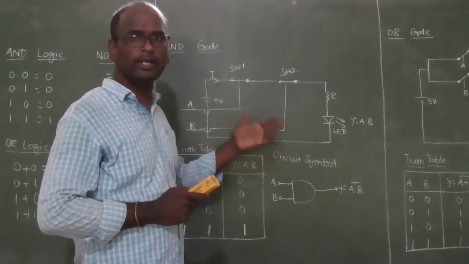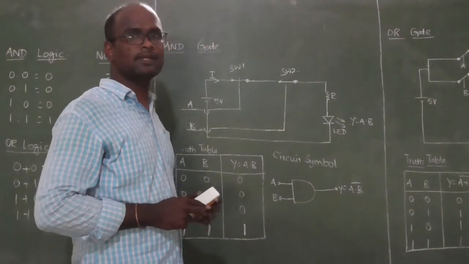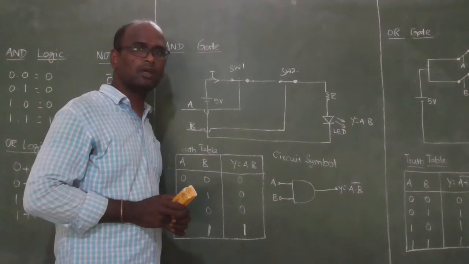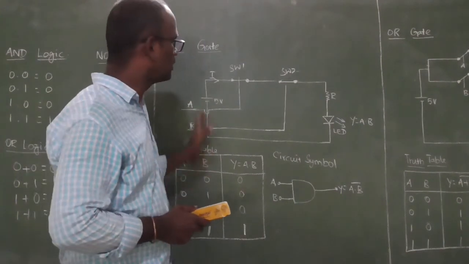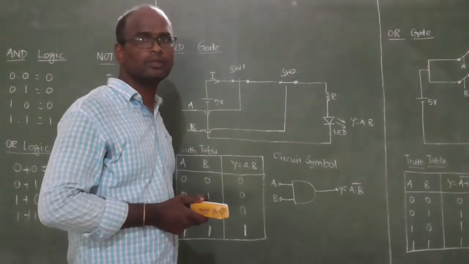These AND gates, OR gates and NOT gates are the basic logic gates. In that case, we have to draw logic circuits according to AND gate, OR gate and NOT gate.